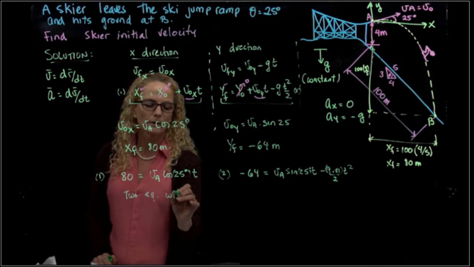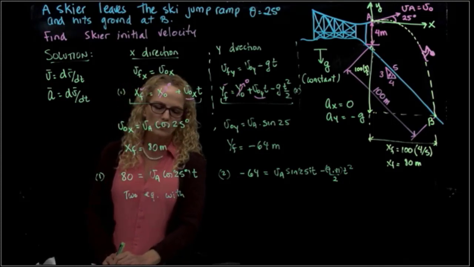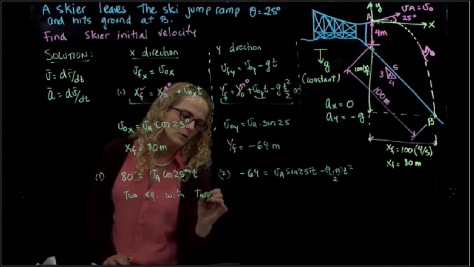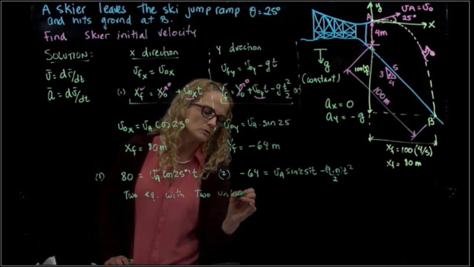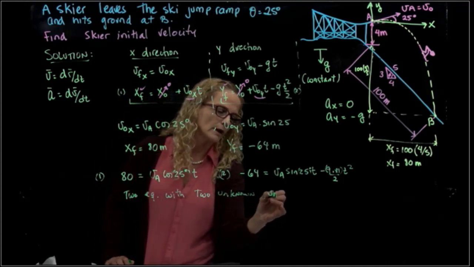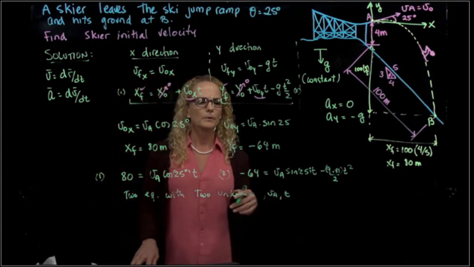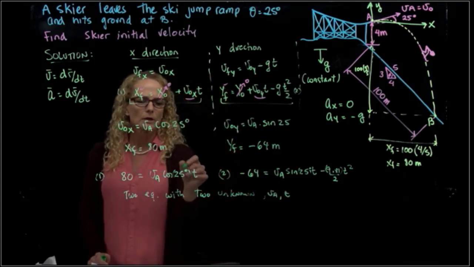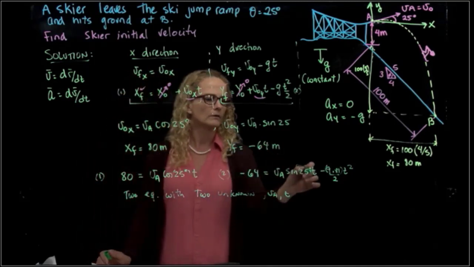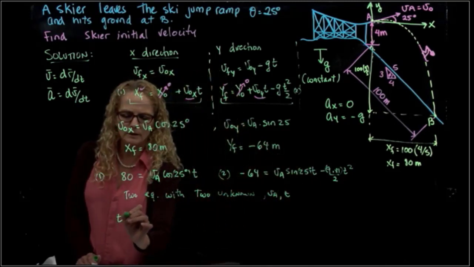So I have a system with two equations with two unknowns. What are the unknowns? Velocity at A and t. There are many ways to solve that problem, but what I will do is just solve for t here and plug it over there. So I solve for t here.